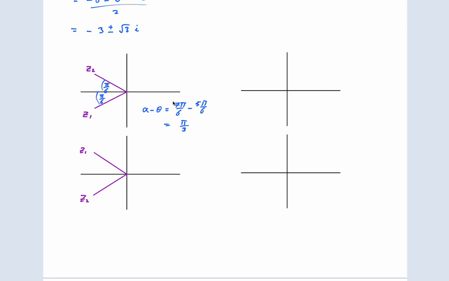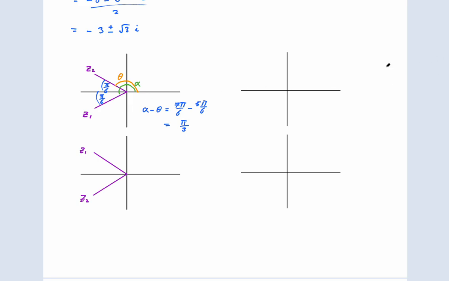And this is actually probably going to be our only solution. Look, this is alpha there, and this is theta there. So our alpha minus theta gives us pi over 3.